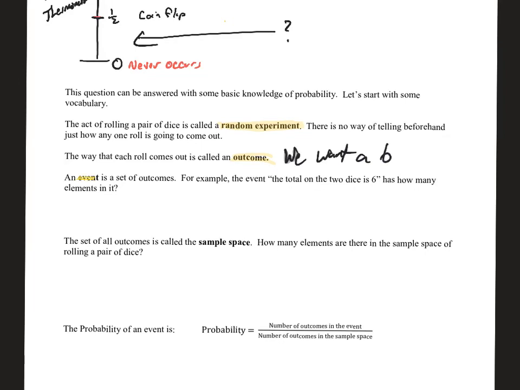So this rolling of a 6, there are many ways we can do that. The total on the 2 dice is 6. How many elements are in it? Well, just imagine you roll the dice, and it totals up to be a 6. What could those dice look like? Well, you could have a 1 and a 5.